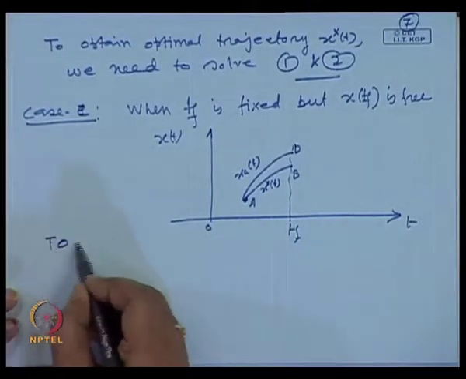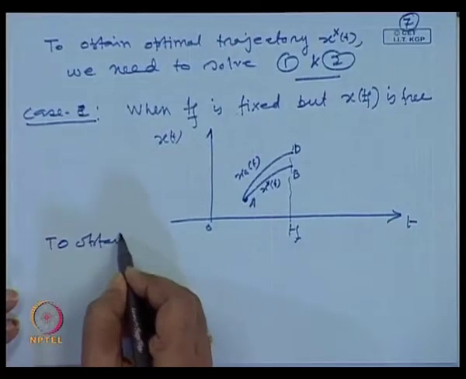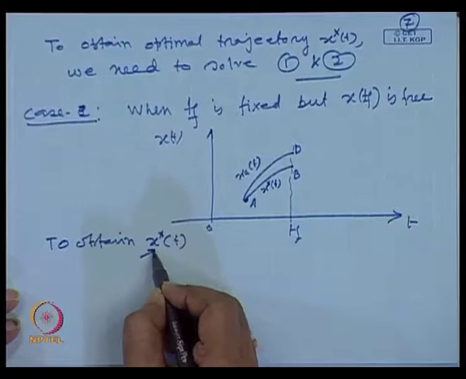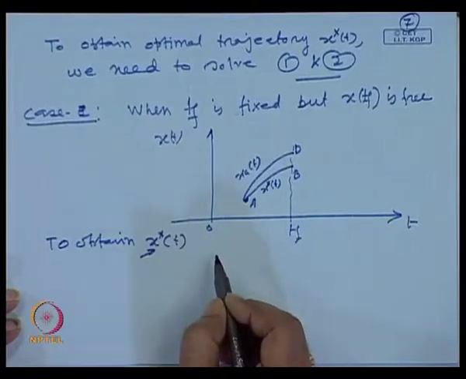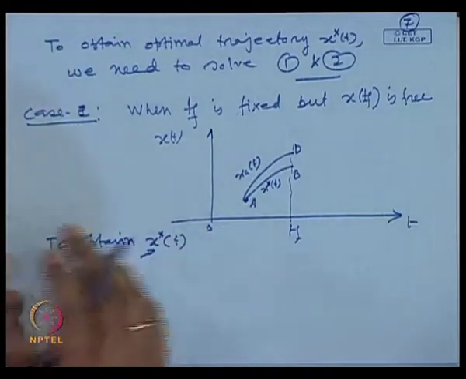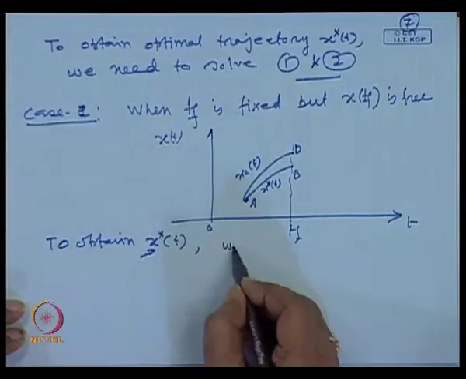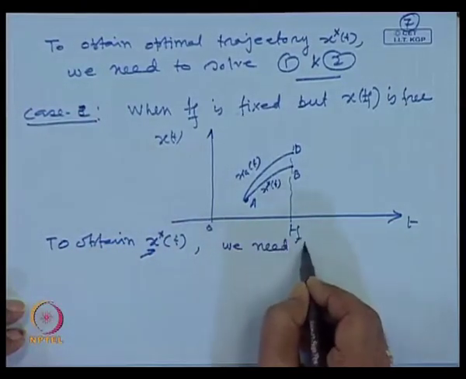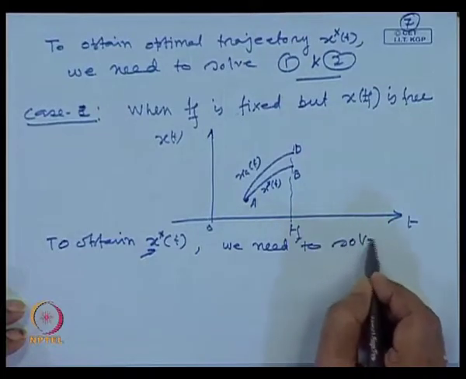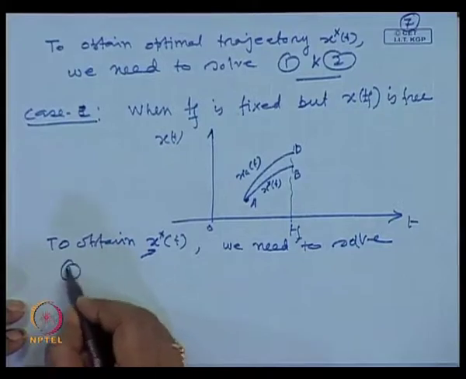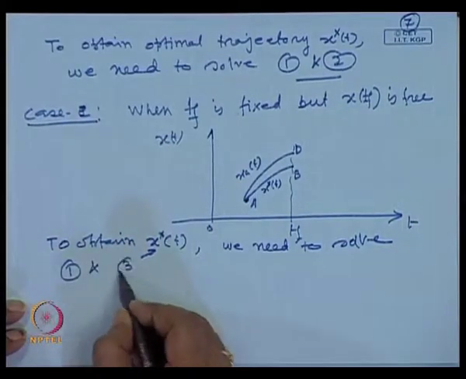To obtain x star of t, the optimal trajectory that optimizes the functional value, we need to solve equations 1 and 3.